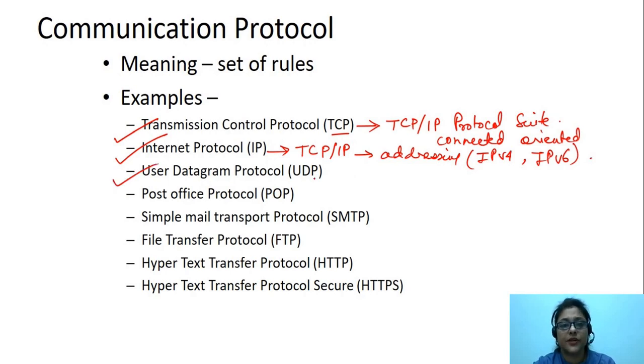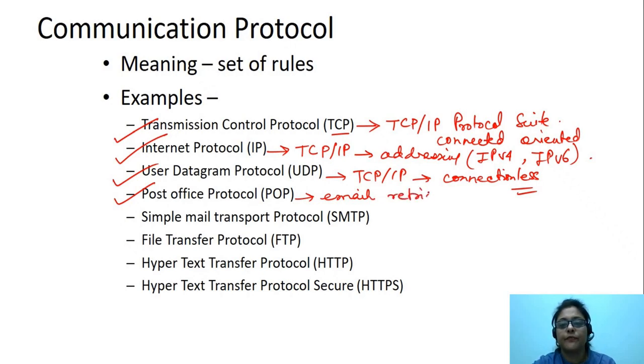Next is the User Datagram Protocol. It is also a protocol of the TCP/IP protocol suite, and it is basically a connection-less protocol, for helping us to understand how the data transfer takes place between the two entities. Next is the Post Office Protocol or POP. It is basically used for email retrieving and sending.